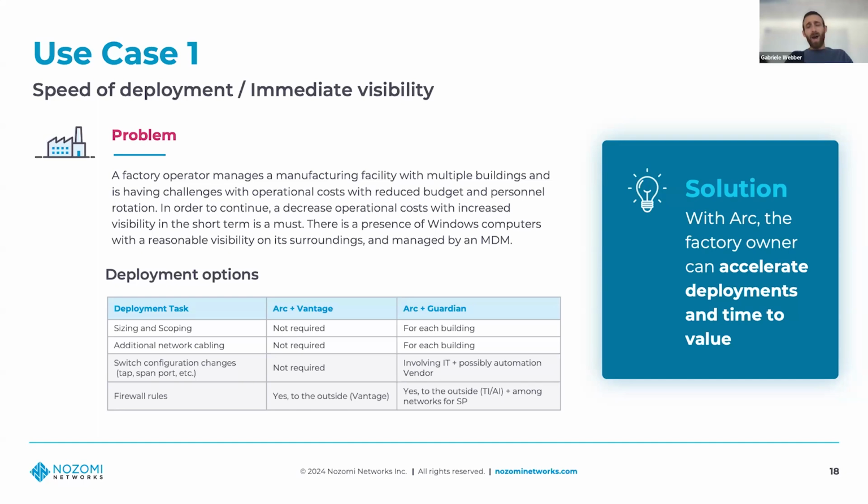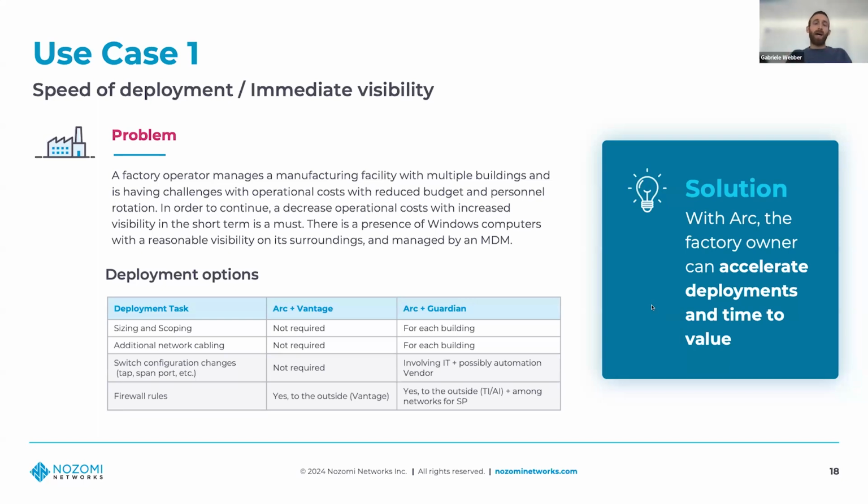Now, we are in presence of different types of switches. Some of them are not managed. With some of them, we encounter some challenges simply because the automation vendor may not be willing to change some configurations. There is some warranty related risks. And so basically, we are not able to show our full-blown Nozomi potential just by a network sensor.